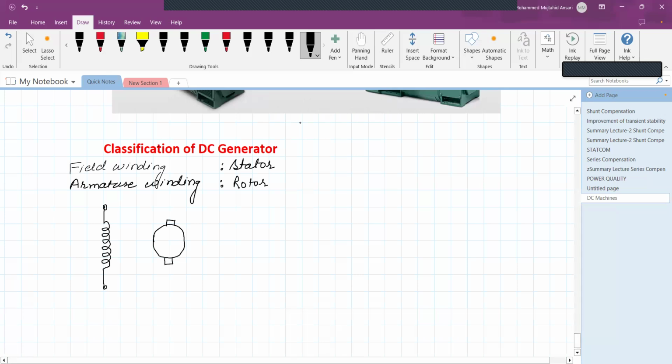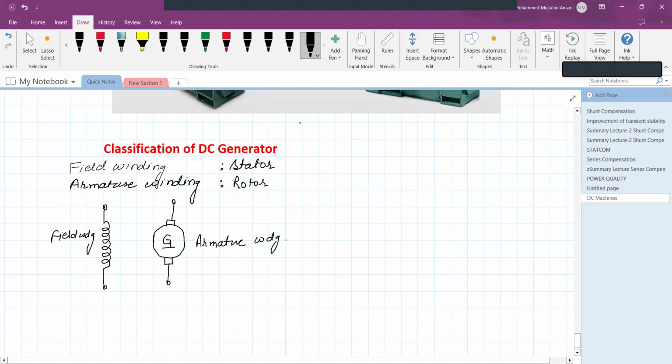For the DC generator, this is the representation of armature, and this is the field winding. This is the armature winding.